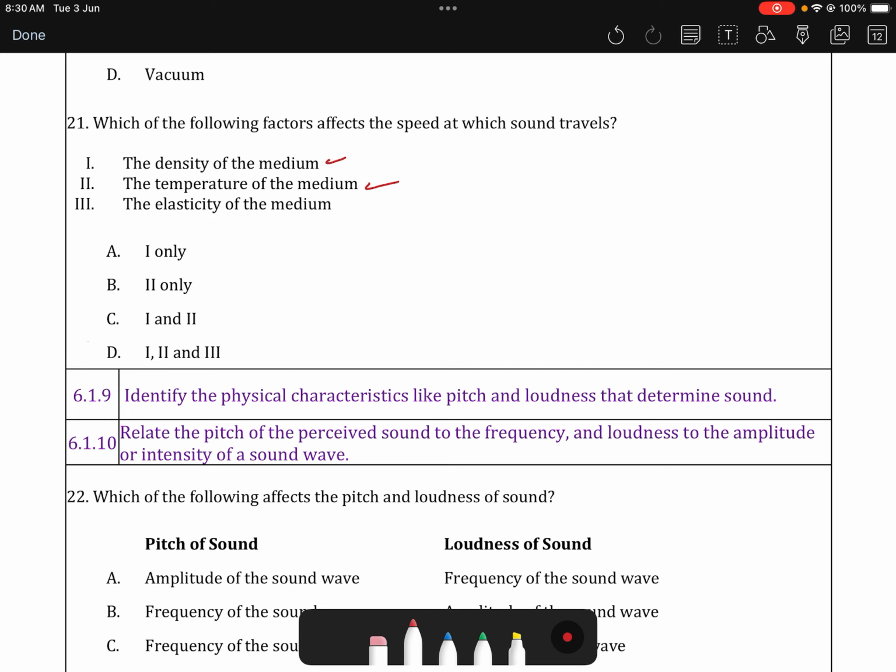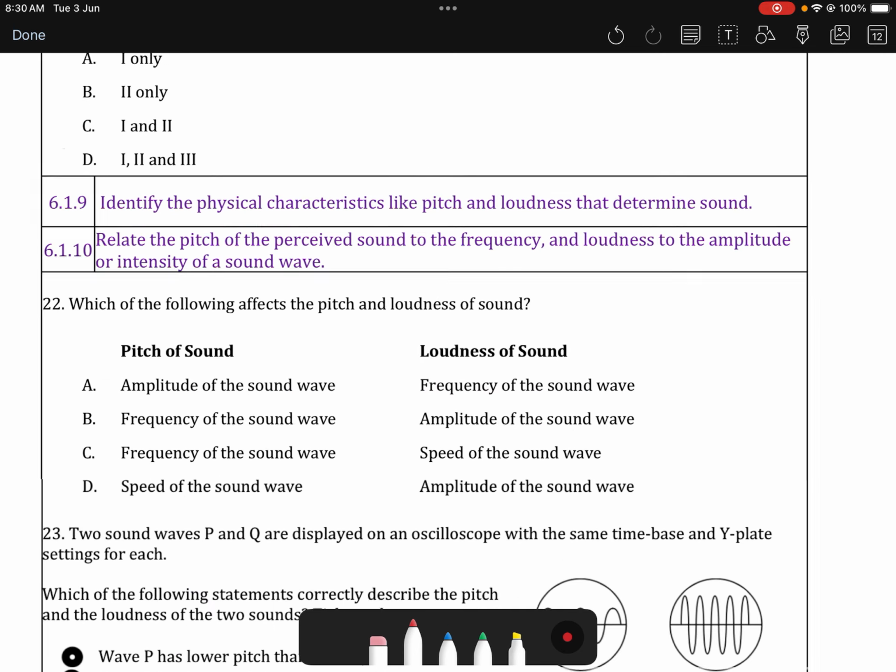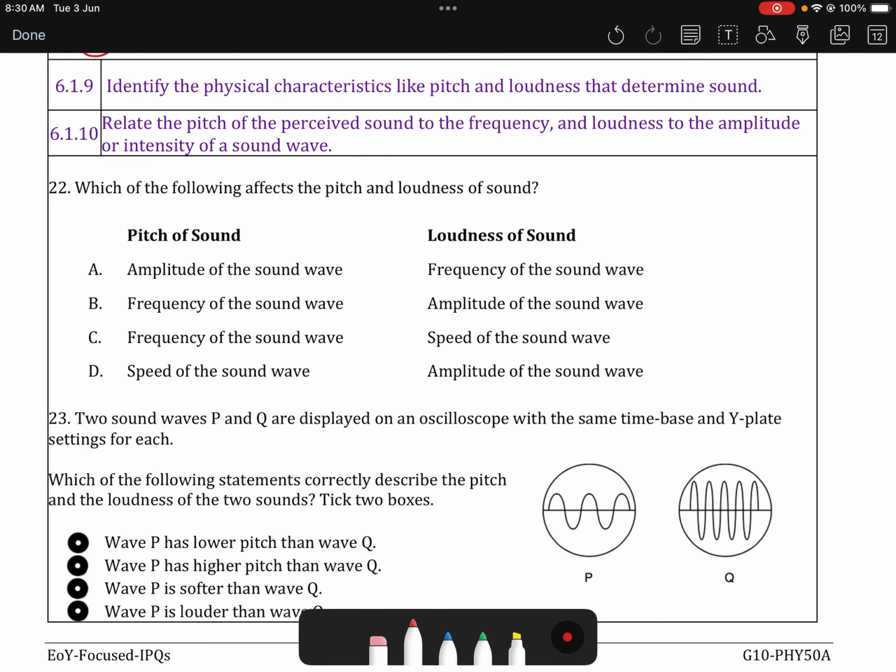The elasticity of the medium, sure, it will also be one of the factors that affect the speed of sound. So all of them will affect the speed of sound.